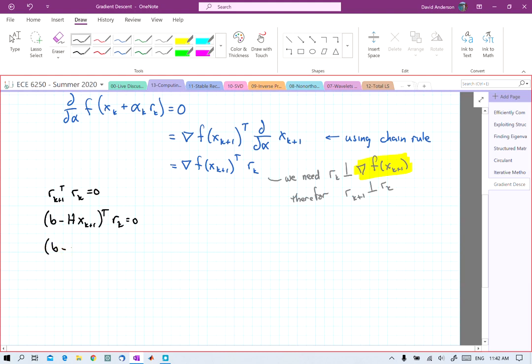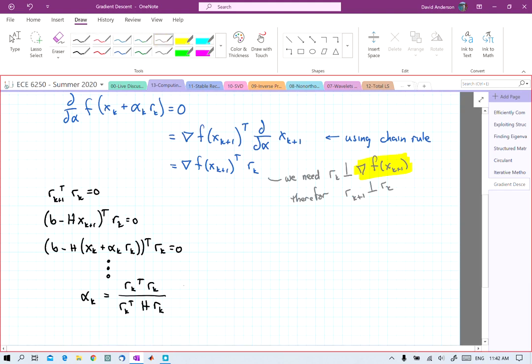So we have (b minus H times (xk plus alpha k rk)) transpose rk equals 0. And we can go through a few more steps, but now you can see the rest is just straight up algebra. And we're going to get alpha k is equal to rk transpose rk over rk transpose H rk.